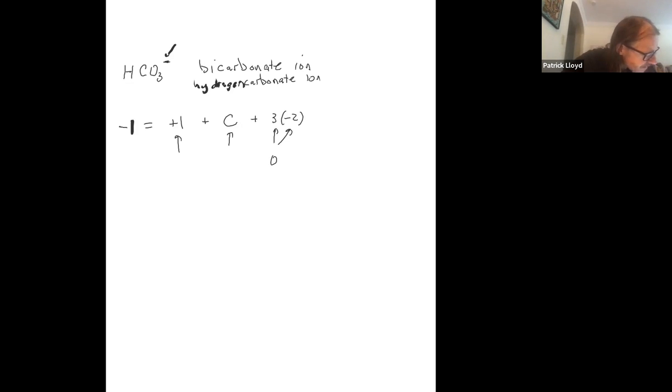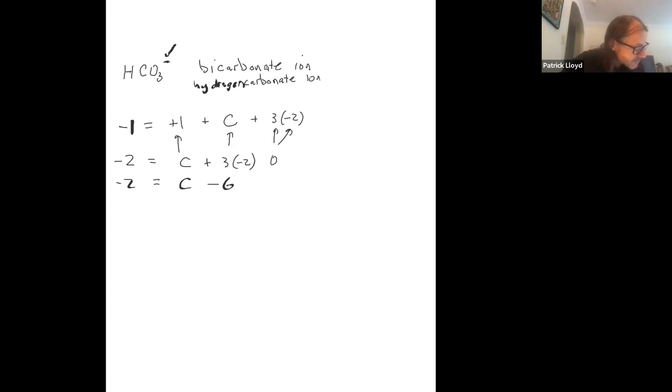If I subtract 1 from both sides, I get -2 equals carbon plus 3 times -2, right? I just subtracted 1 from both sides to get this 1 over to the other side. Now, C minus 6. Why? 3 times -2 is my -6.